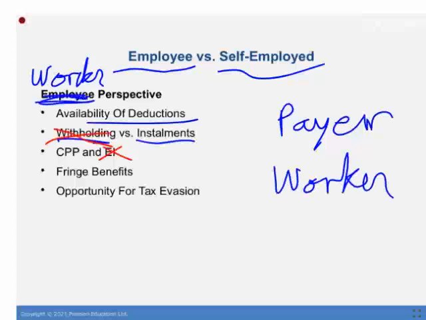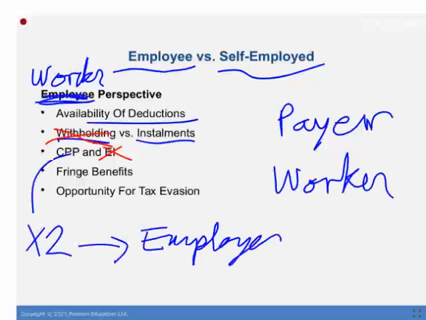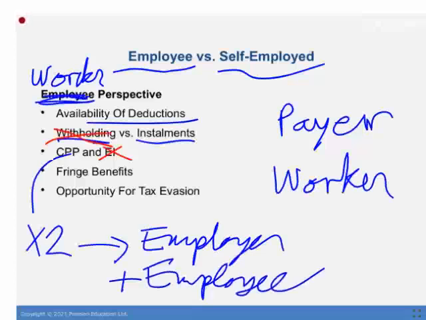CPP, on the other hand, if you're self-employed, you have to pay it twice, because you have to pay the employer and the employee portion. So you are your own employer. So you actually have to pay extra CPP. So that's one downfall. You know, we have to look at the pros and cons.